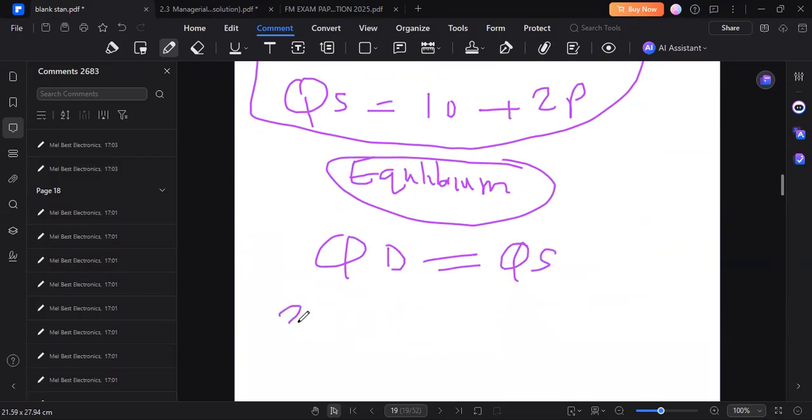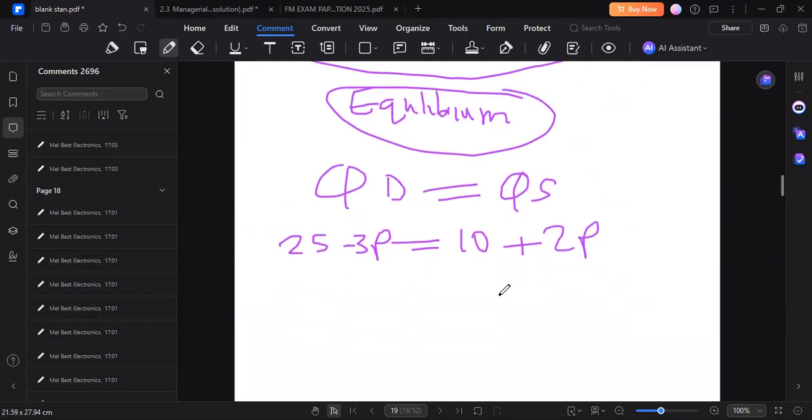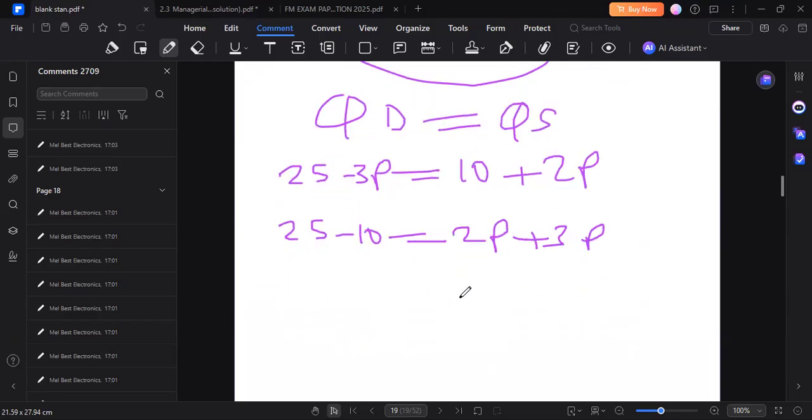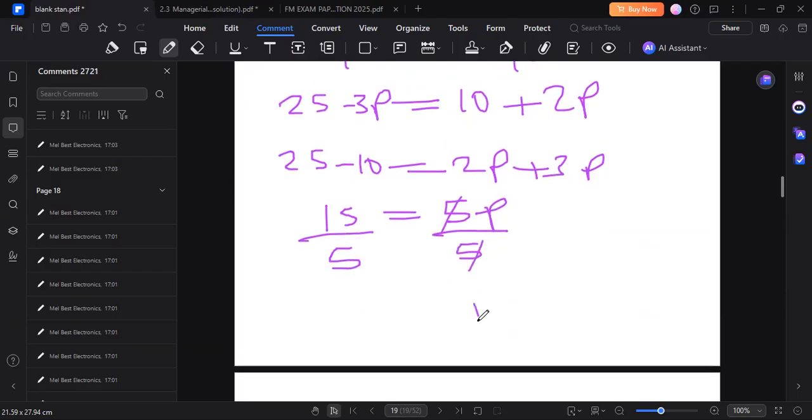So it will be 25 minus 3p is equal to 10 plus 2p. Is that clear? So 25 minus 10, is 2p plus 3p. So 15 is equal to 5p, over 5 over 5. Then our p is equal to 3. All right, that's our price.